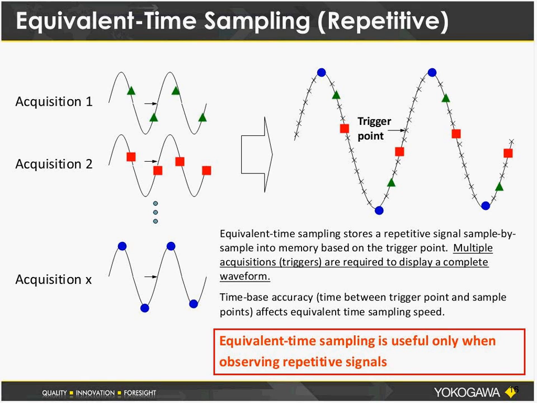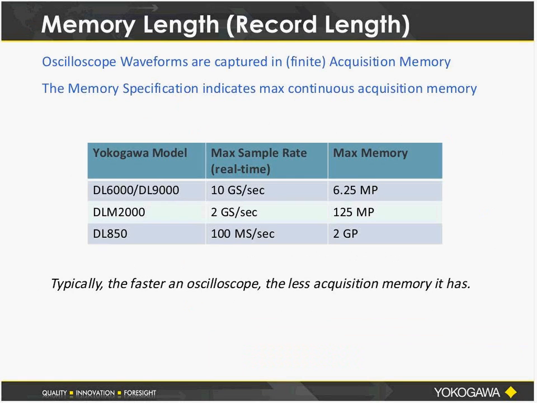As an example, the Yokogawa instrument, which is normally specified at 10 gigasamples, with this mode can go up to 2 terasamples on a repetitive signal. So if you need very high sample rates and your signal is repetitive, keep in mind this may be an option for you, repetitive sampling mode.